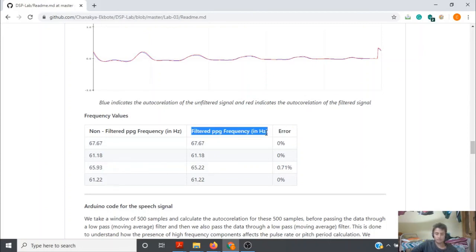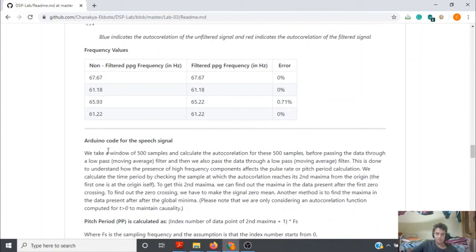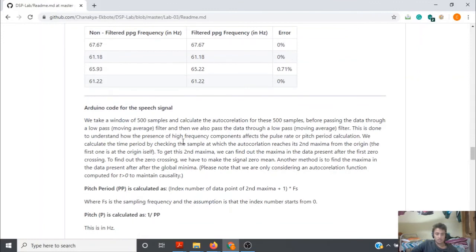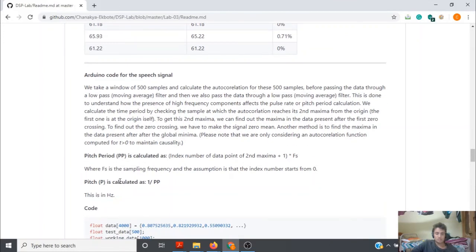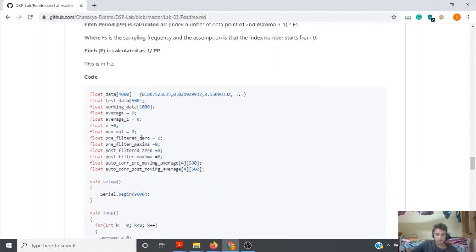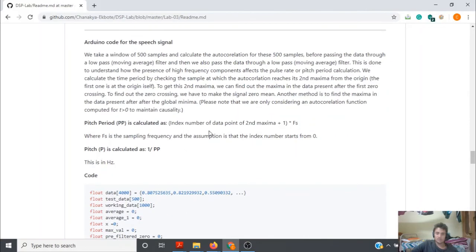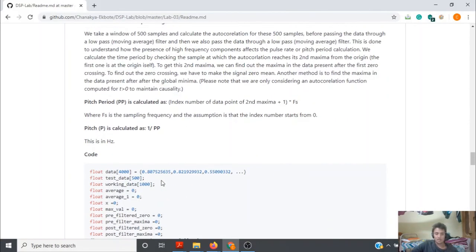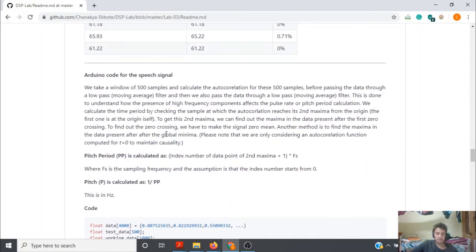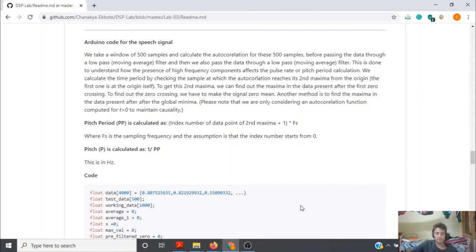Now the same thing is done for a speech signal also, but in this case you calculate the pitch as 1 by pitch period, and the pitch period is calculated the same way as the time period before, which is the index number of points of the second maximum plus 1, multiplied by the sampling frequency. The code remains the same, however in this case we have 4000 data points, and we have just used 500 windows of these 4000 data points to get our data.